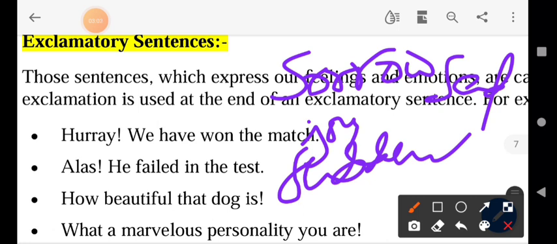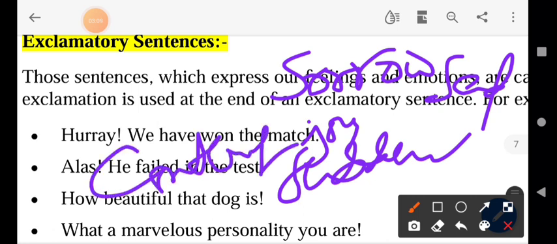Contempt means disrespect or hatred, the feeling of disrespect. Contempt and surprise. These are the sudden expressions we have to express in an exclamatory sentence.